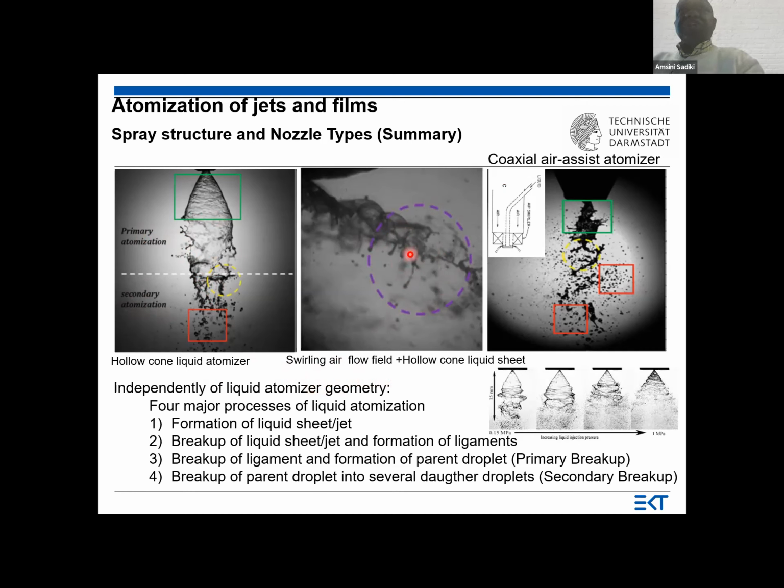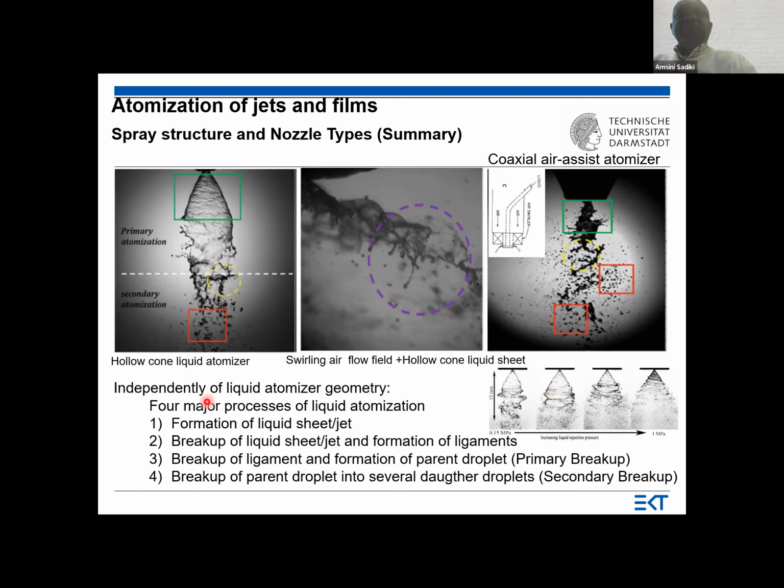This is what we call the swirl air-assisted atomizer. And here it is displaying this coaxial air-assisted atomizer. Here we see the influence of the Weber number and the injection pressure, and we see the dependency of the formation of the primary and secondary breakup.